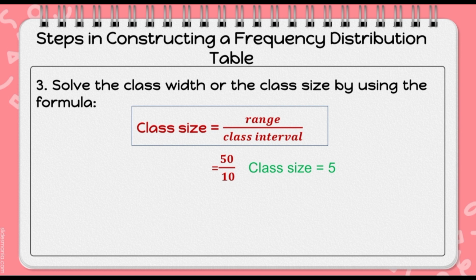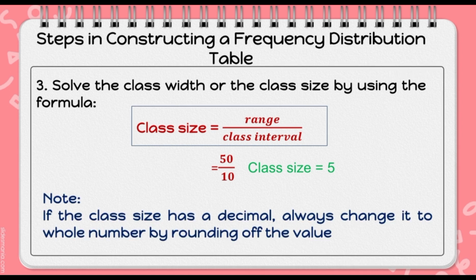Since we have already solved for the range, we simply substitute the value of our range, which is 50, divided by our class interval, which is 10, as what I have said earlier that we will be using 10 as our class interval. So 50 divided by 10 is equal to 5. Therefore, our class size is equal to 5.